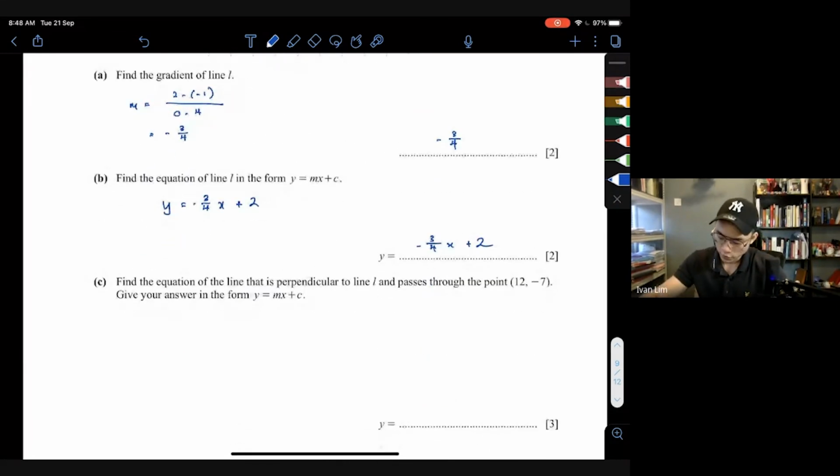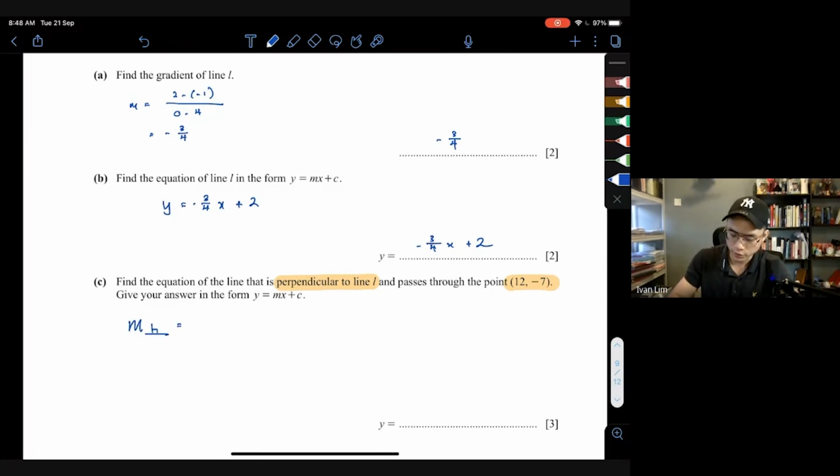Third one, find the equation of the line that is perpendicular to line L, and passes through the point 12, -7. Give your answer in the form y equals mx plus c. Perpendicular to line L means m1 times m2 equals -1. First, we have to find the gradient of the perpendicular line.